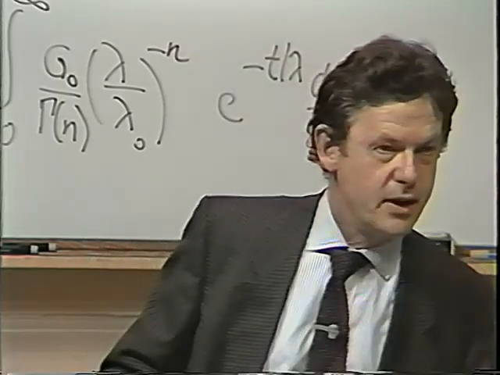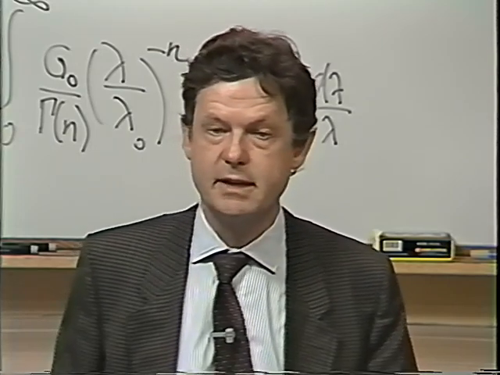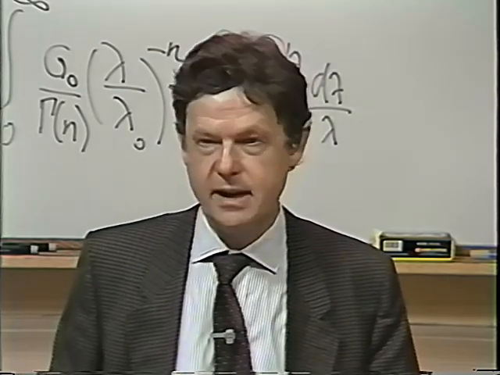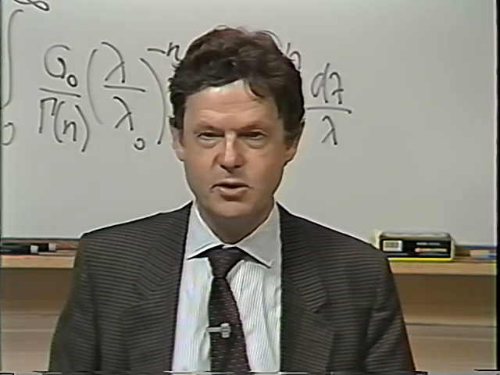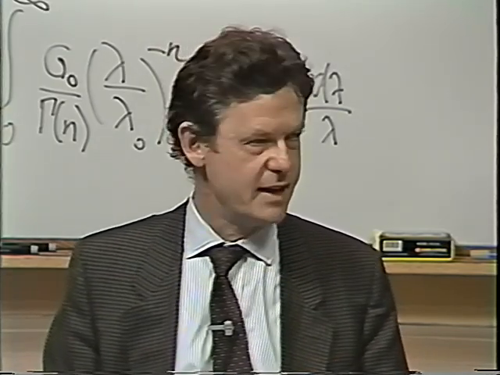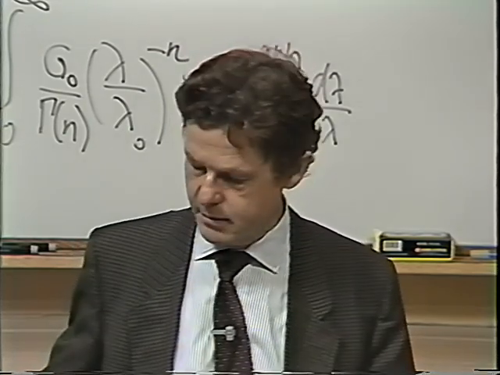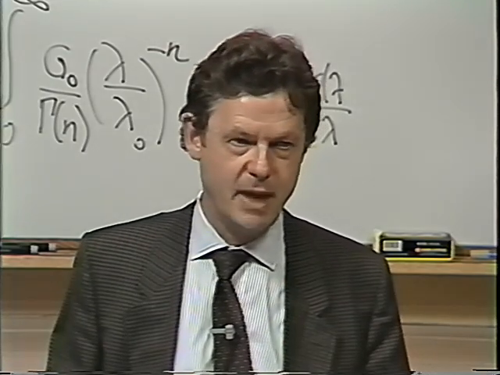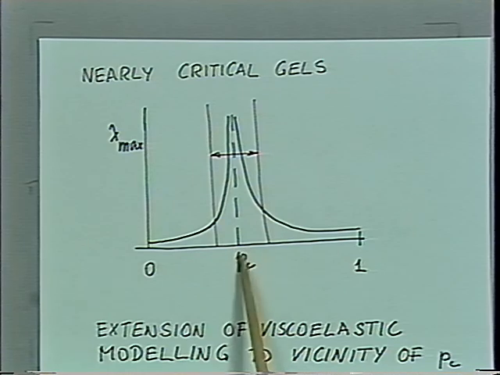With this information now, knowing the divergence of the longest relaxation time, it's actually very hard to measure those critical exponents. So we kind of know that, but more experiments are needed to pin down the results. The problem in measuring the behavior near the gel point is, first, the exact determination of the gel point.